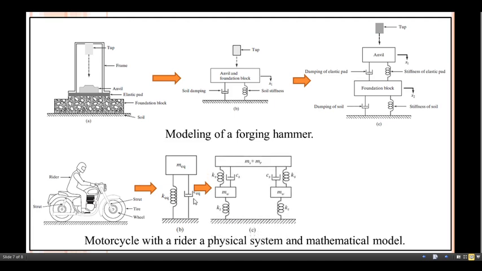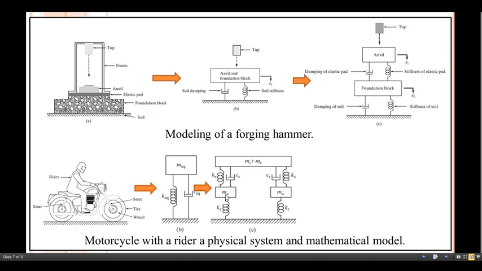In the next stage, if I consider the mass of the vehicle and the mass of the rider separately, and the mass of the wheel separately, one wheel is provided on the front side and another wheel on the back side.